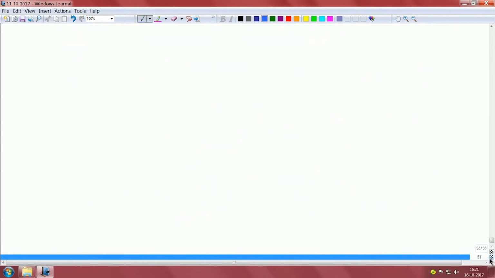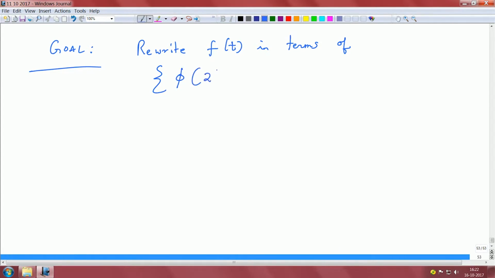Now, what is our goal? Rewrite f of t in terms of phi of 2 power j t minus l, l belonging to the set of integers, right. This is our goal. So, we have all our f naught and w ls, from which we have to get this in this form, right. This is our reconstruction goal.